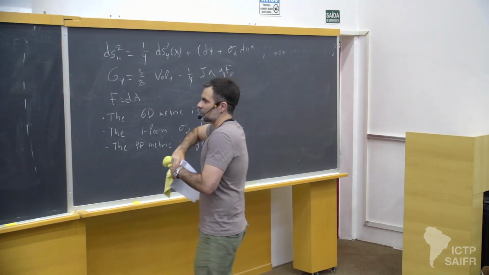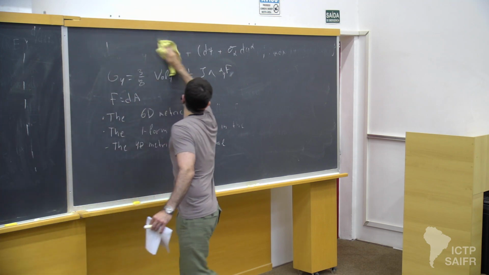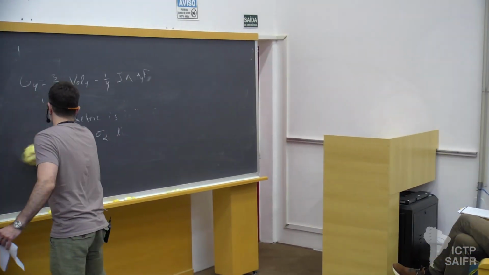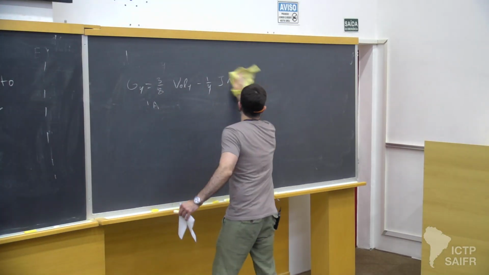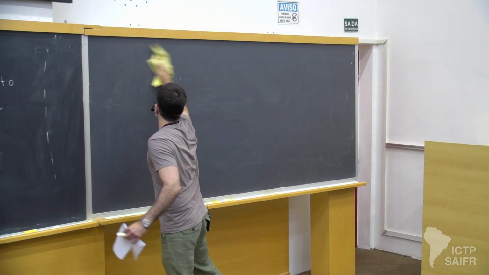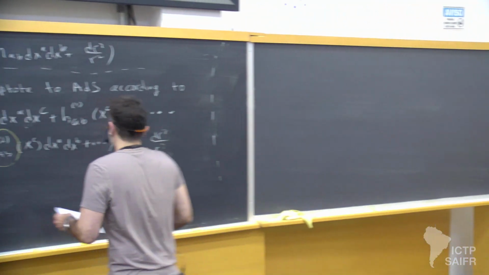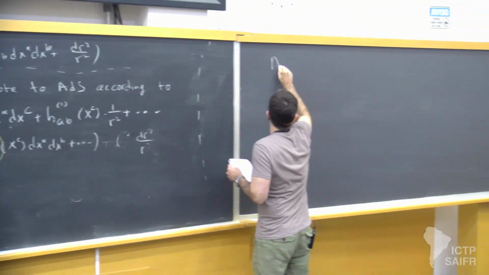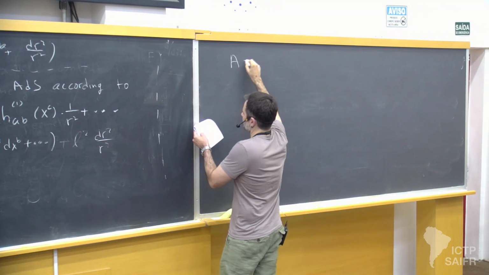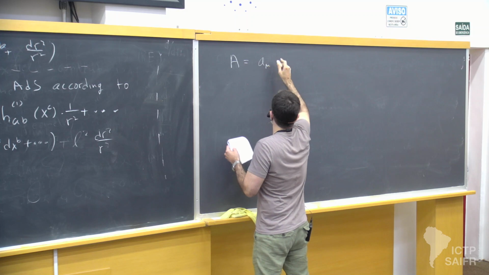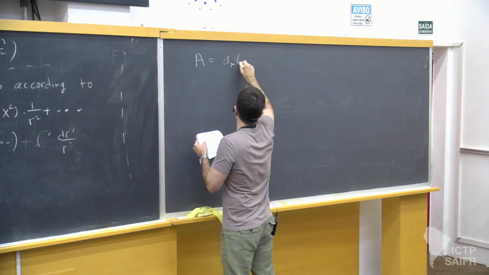Now, if I look at the gauge field in a large R expansion, then I can write one form which lives on the boundary.